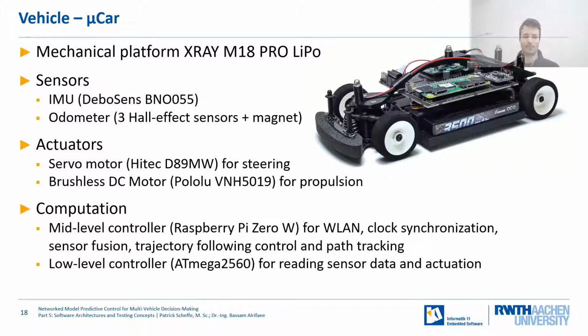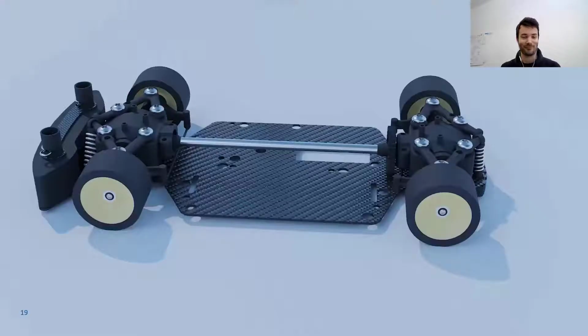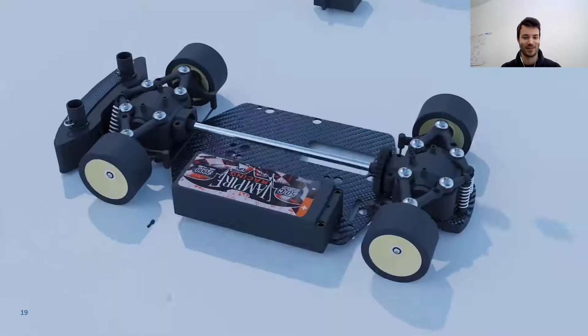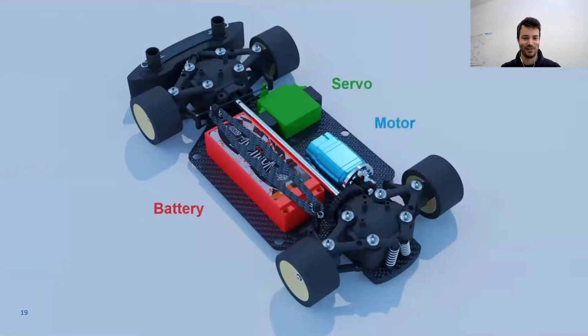And the low-level controller, which is an Atmega, is our hardware interface. It reads the sensor data and sends the commands for actuation of the actuators. So we have a short animation of how this vehicle is constructed.